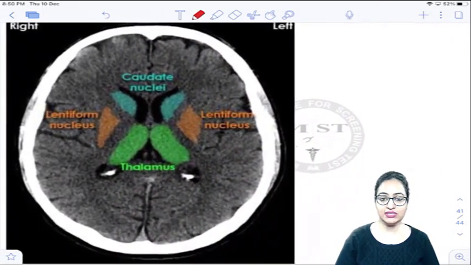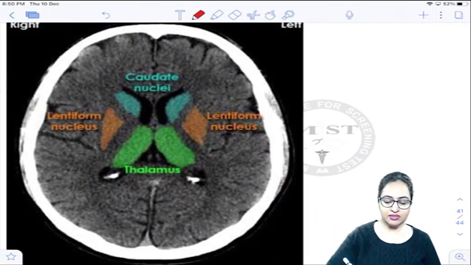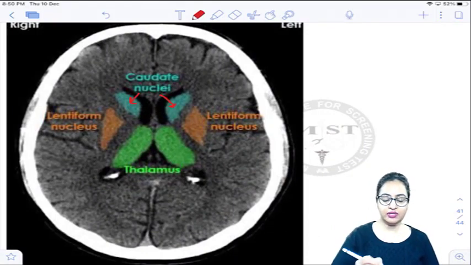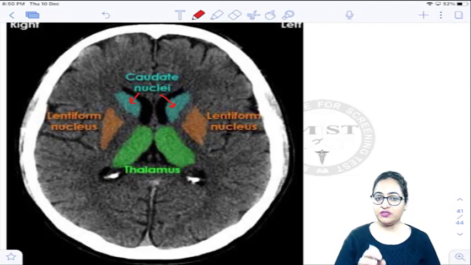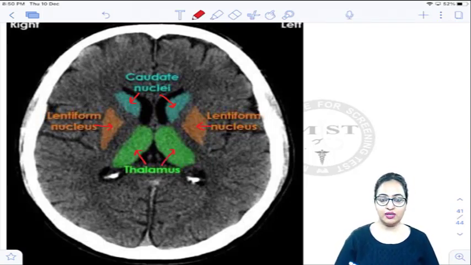Now you can see this same picture, a horizontal section, and the various nuclei have been labeled. This is the caudate nucleus, specifically the head of the caudate nucleus. This orange structure is the lentiform nucleus and this green colored structure is the thalamus.